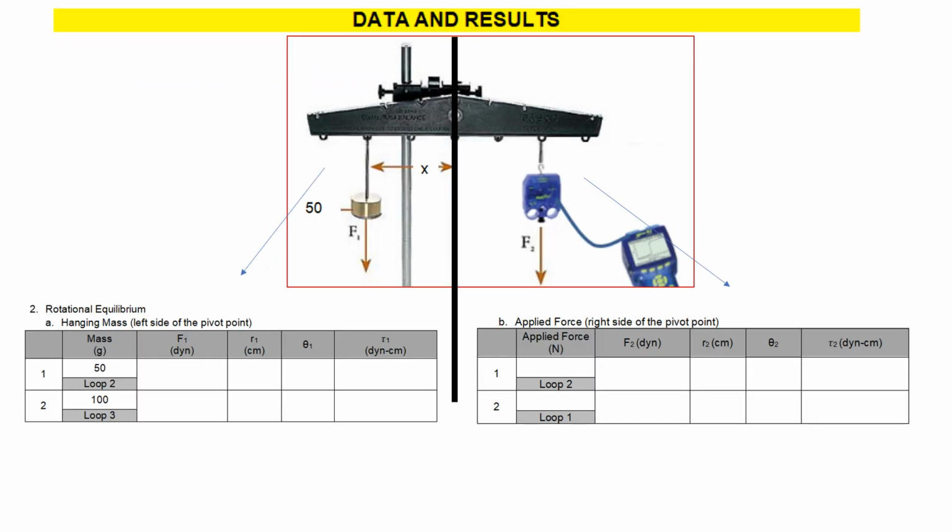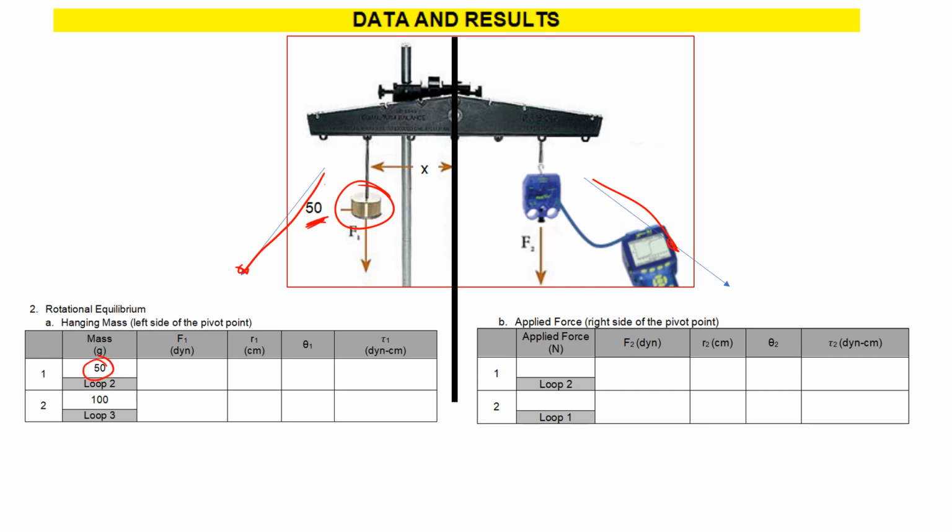So this is actually the setup again. This left side is intended for the first table, which is the hanging mass, and the other side, the right side, is intended for the applied force. Again, the hanging mass should be placed here. Assuming this is 50 grams, the 50 grams should be placed here.